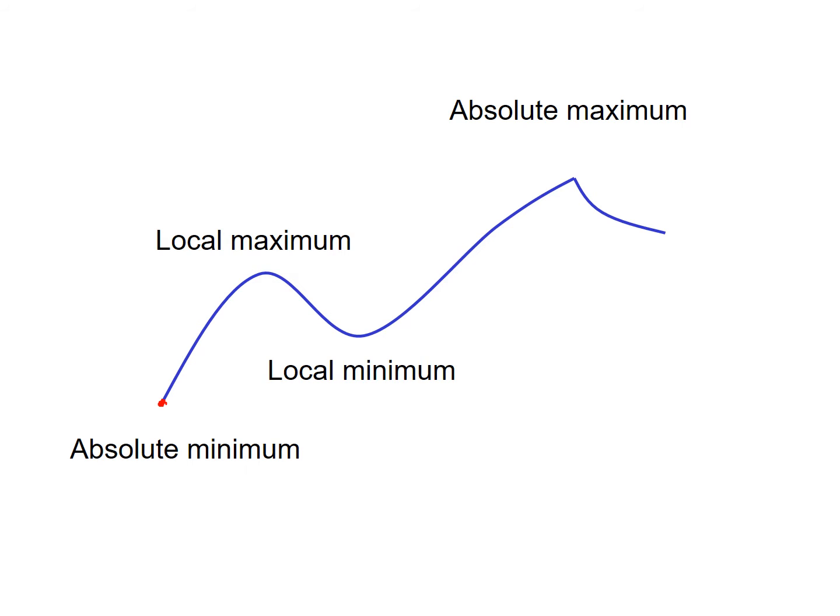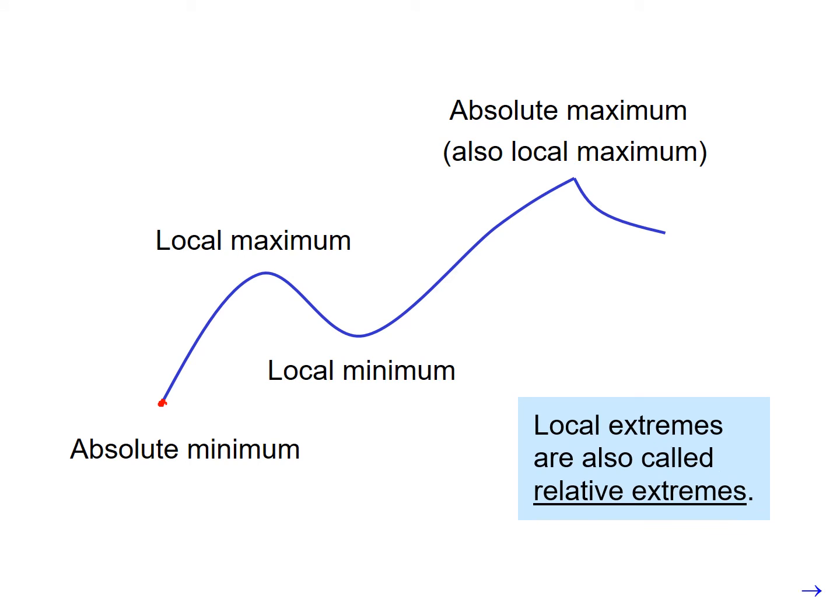That's a local min. That's an absolute max, but it's also a local max. Now, some books would refer to this as a relative min. However, I think most textbooks do not consider this a relative min because it's an endpoint. And endpoints can only be absolutes.